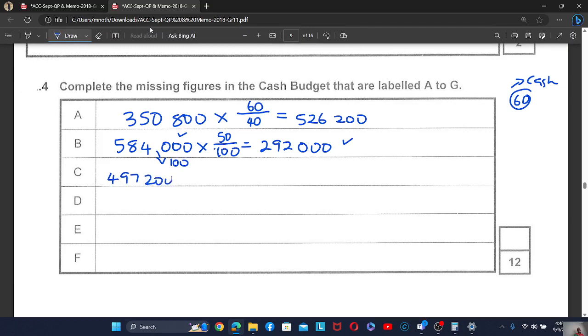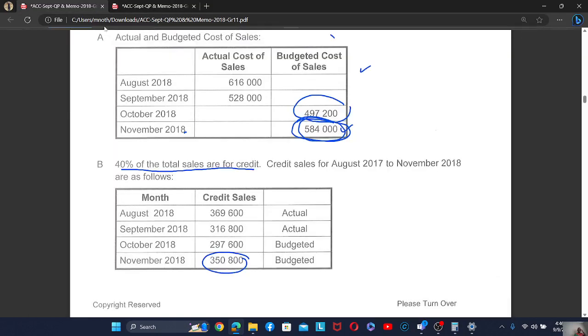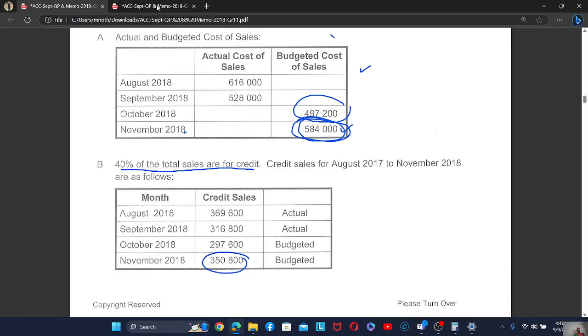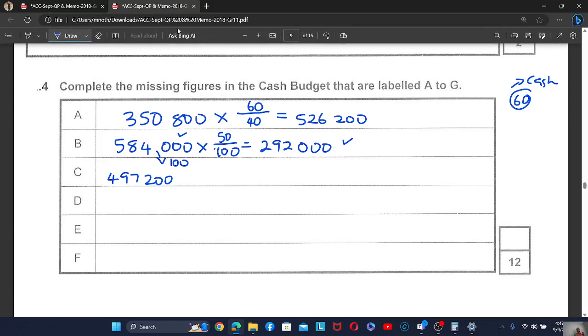So it means that in October, this business sold the goods, right? Because of the fixed base stock system, the business has to replace the stock by buying a new one. So actually, these are the purchases of October.